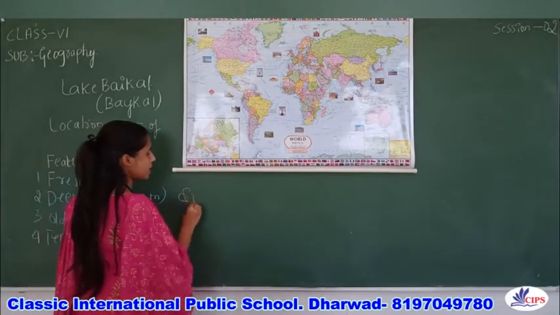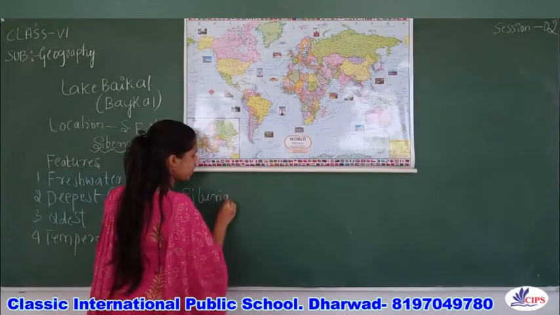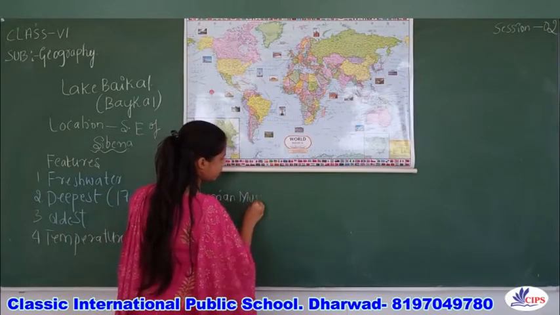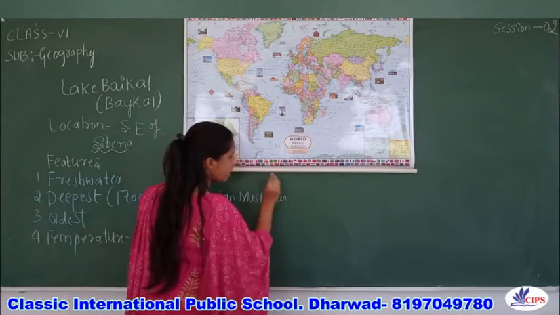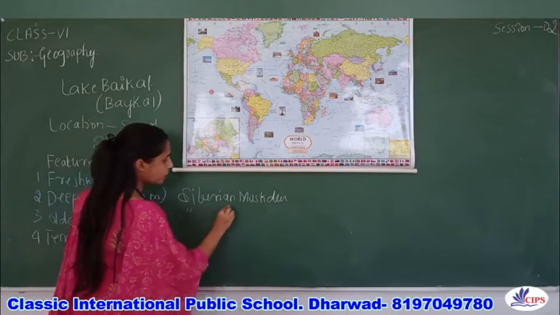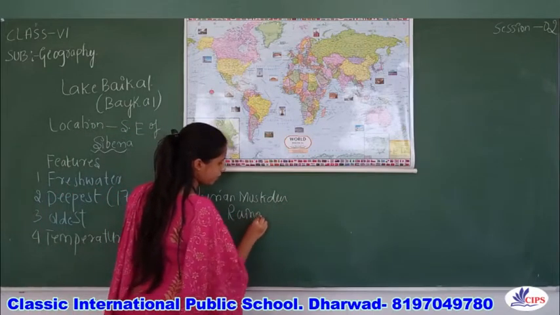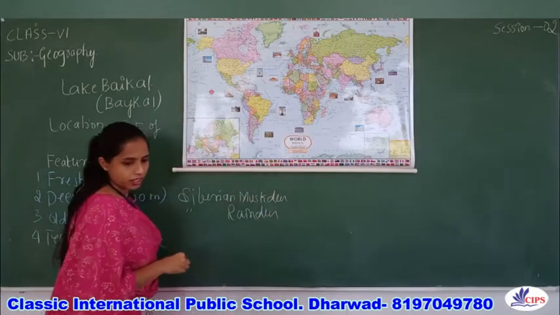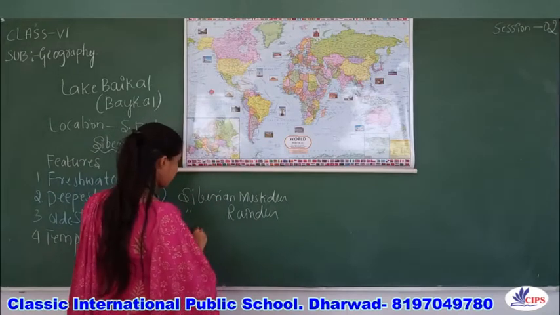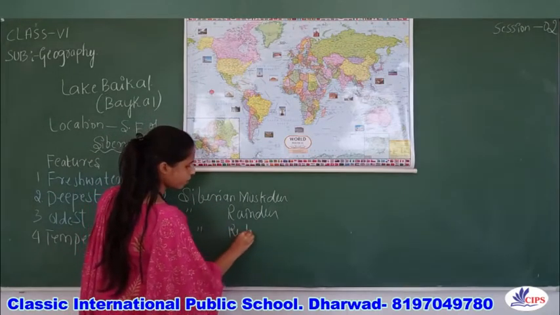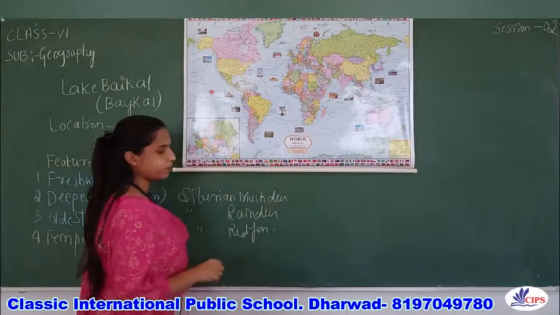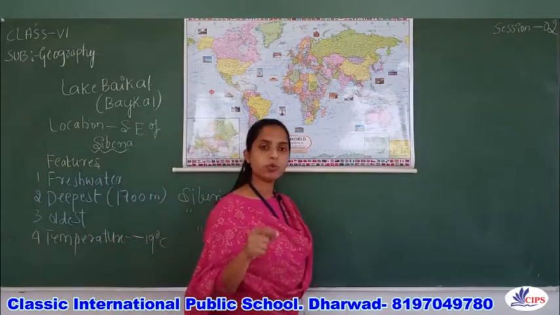It is called the Siberian musk deer, Siberian reindeer, then the Siberian red fox. So these are some of the animals which we find.